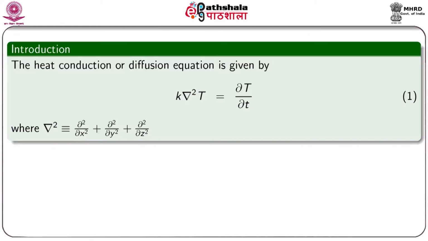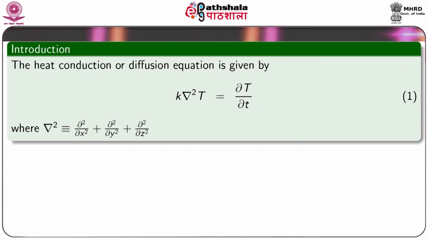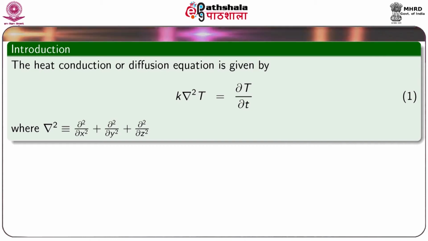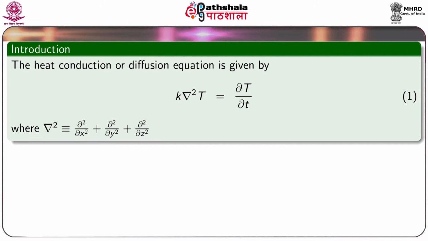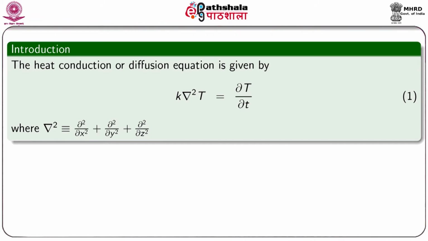The heat conduction or diffusion equation is given by the partial differential equation K Laplacian T is equal to del T, which is written in equation number 1, where the Laplacian is the operator equivalent to del 2 del x square plus del 2 del y square plus del 2 del z square.